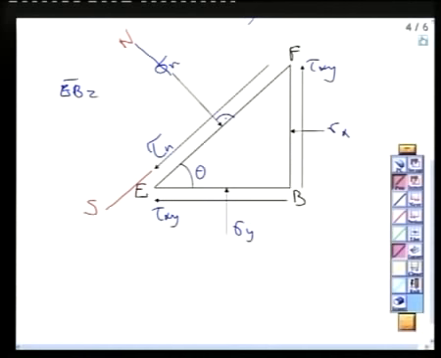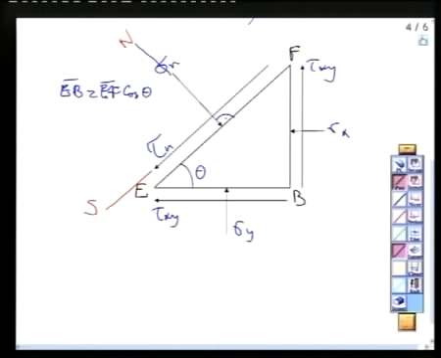Can I write it equals to EF what? Cosine theta? Can I write it like this? Look, EF cosine theta means EB over EF. So I end up with EB, right?